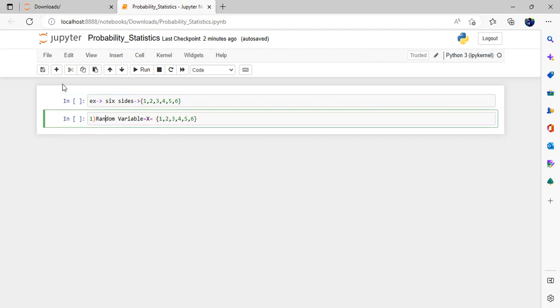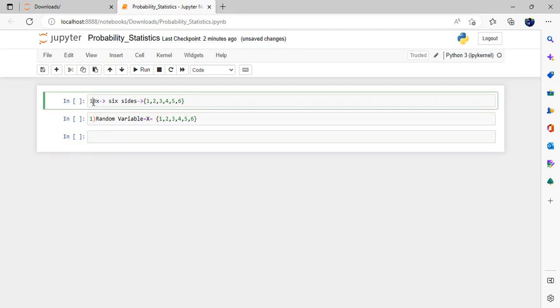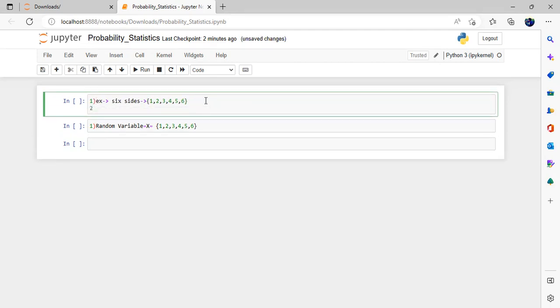The second example we can take is tossing of a coin.